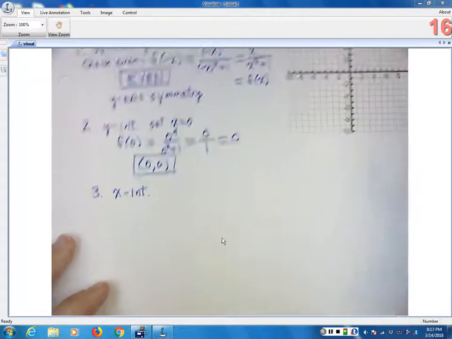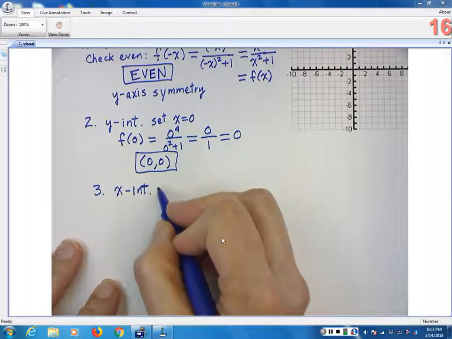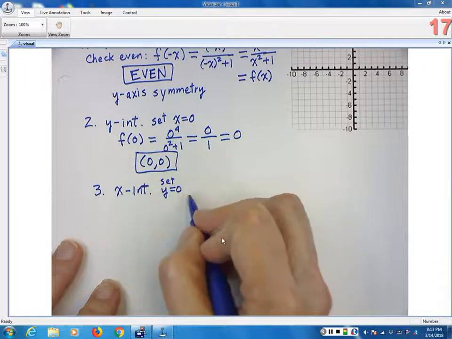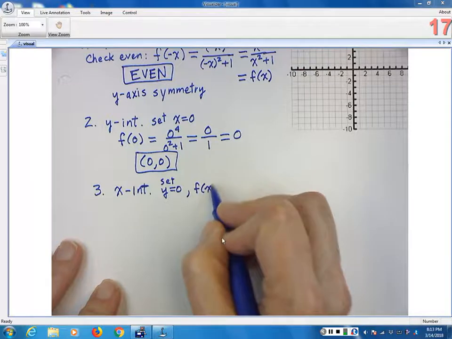The reason is, when you're on the x-axis, y is 0, but we're using function notation, so actually you set f of x to 0.